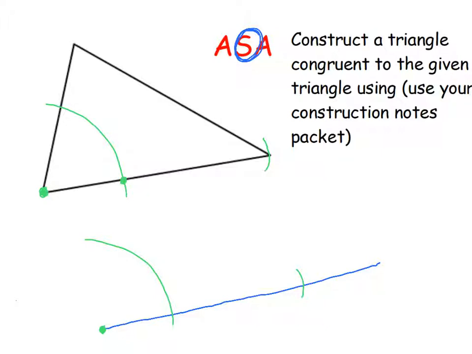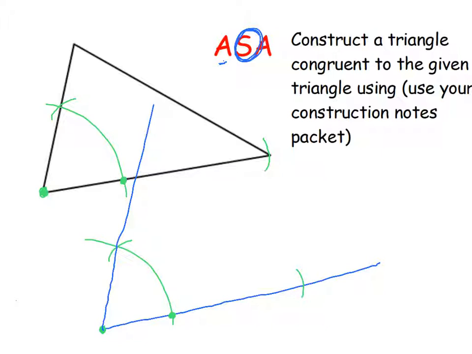So I put my point here, measure how wide it is. Copy that, put my point here, copy how wide that was. And then I'll come back, and I don't really know how long that leg is supposed to be, but I just know that that is going to create an angle right there, and I'll just extend it plenty high. Now I've got my angle.